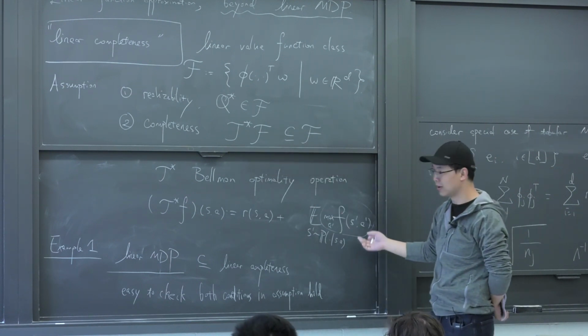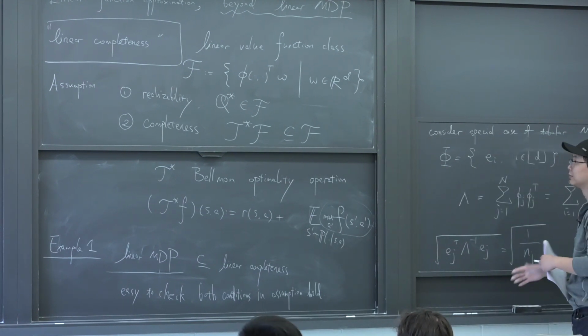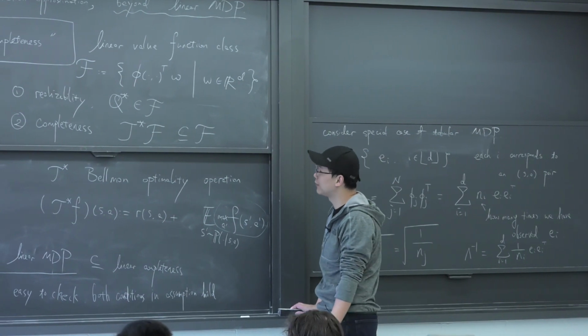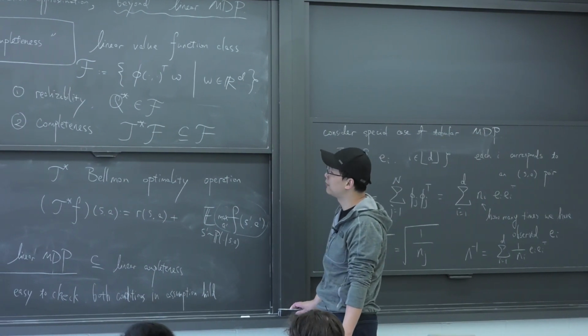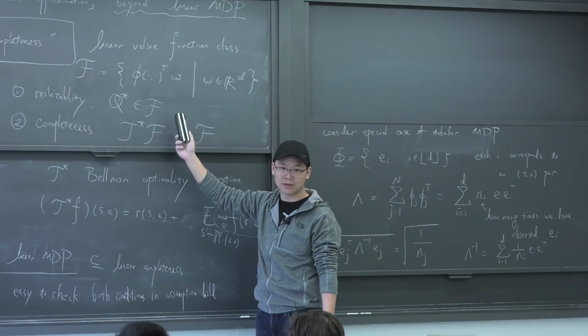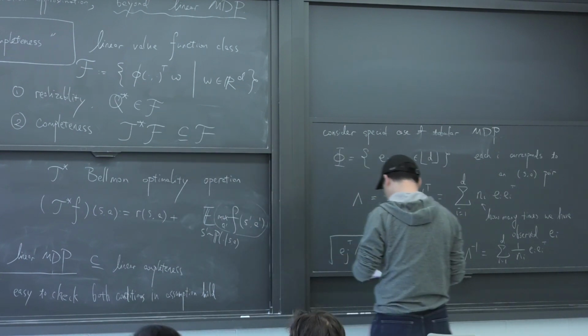But you can show the same thing there as well. I think the first condition is actually even simpler for linear MDP because in the linear MDP, we already showed the Q value for any policy is linear. So Q star is, of course, a linear function.